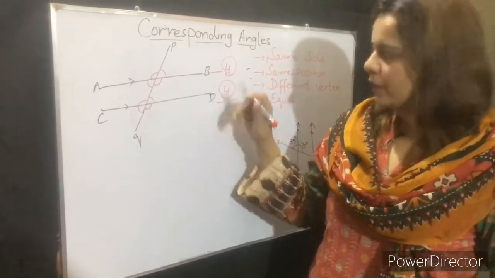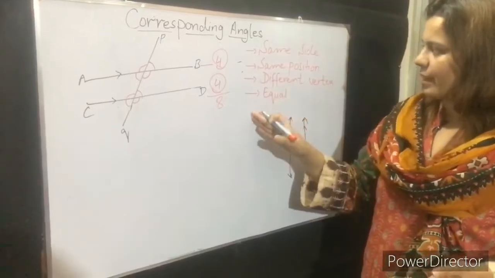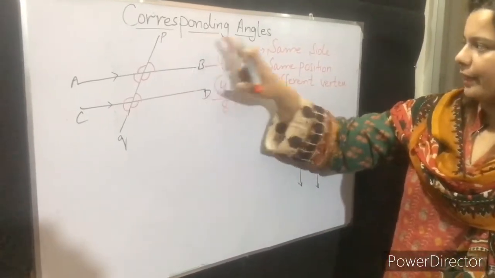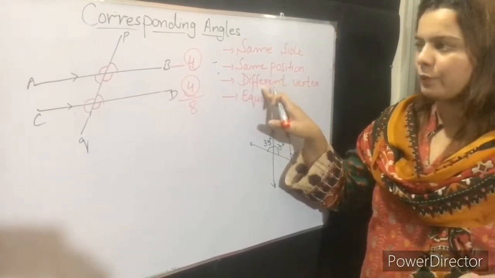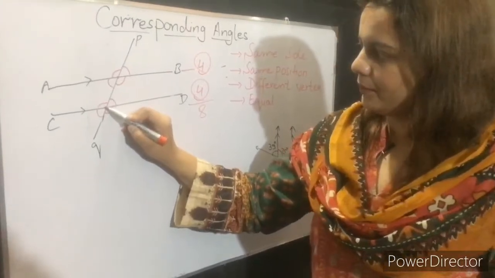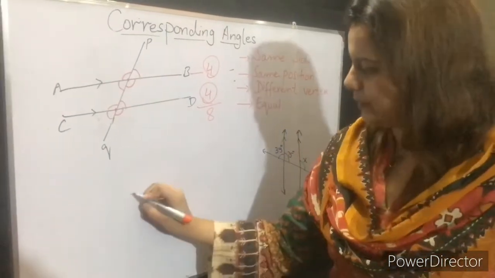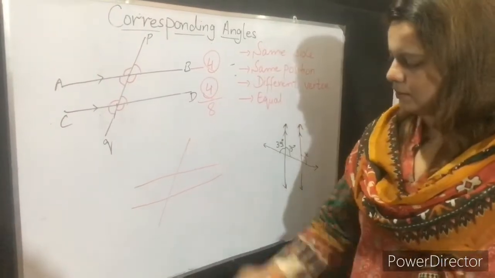Corresponding angles. The features, or properties, or tips you can say, to find corresponding angles: same side, same position and different vertex. These two have different vertices. I will separately draw two lines intersected by one line.